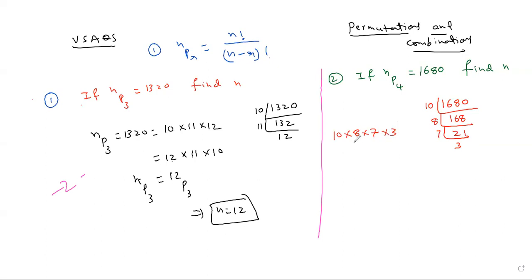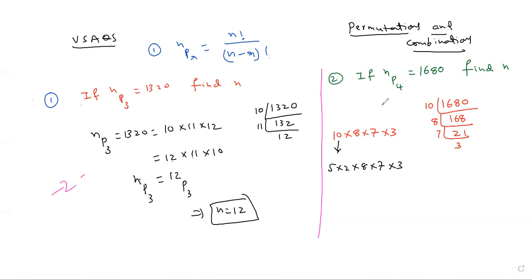But you should make it consecutive, right? 10 can be written as 5 into 2. The complete consecutive numbers product nP4, product of 4 consecutive, that is the technique, that is the concept actually.